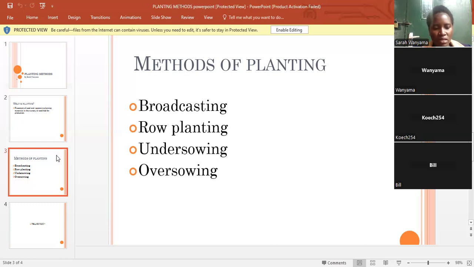Undersowing is a traditional form of companion cropping where the main cash crop is sown and then a grass is spread over the top. This means the crops may be harvested at different times, or at the same time, but there are two crops being grown together.